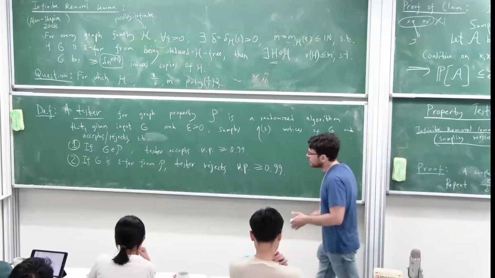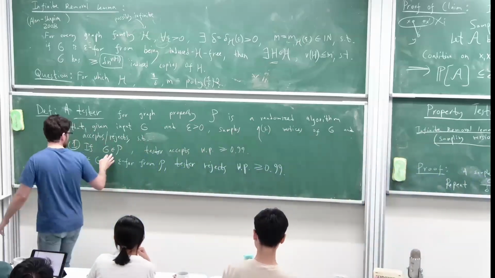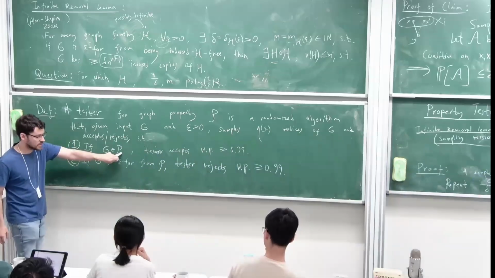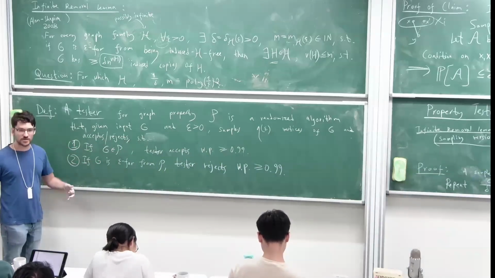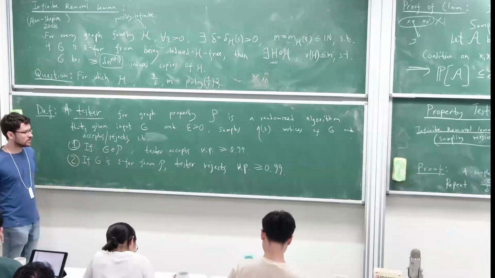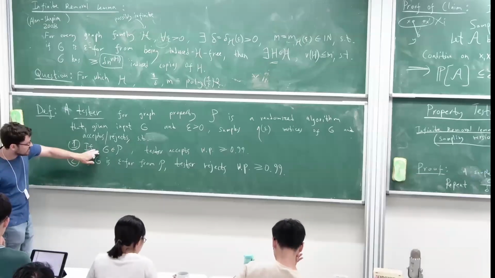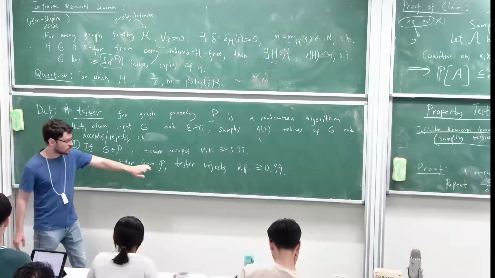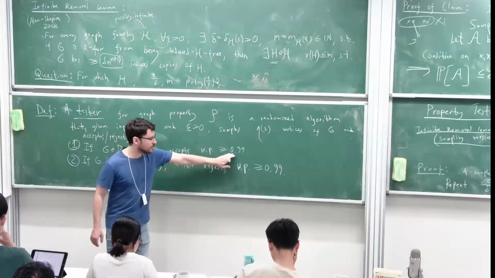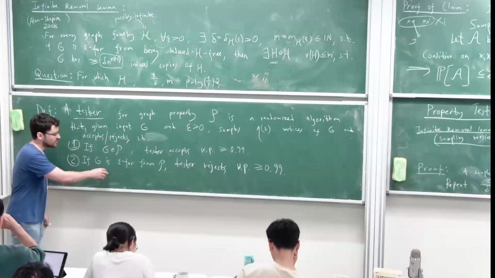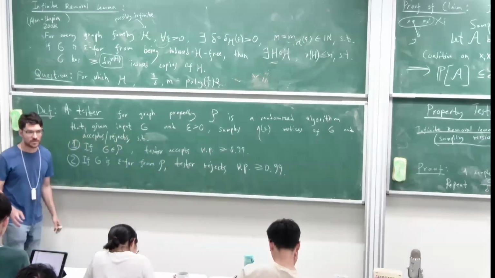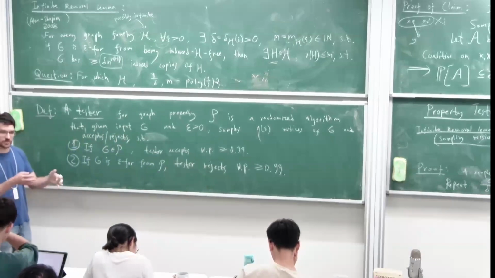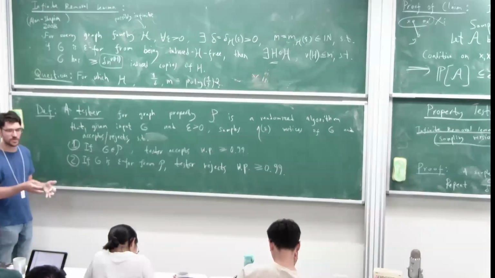But you have to allow yourself this kind of error gap, and this is exactly what we do here. We have some property and we want to know if the graph satisfies the property. Imagine the property is triangle freeness or being bipartite or anything you want to know about the graph. If the graph satisfies the property, you want to recognize this with high probability. And if the graph is far from the property, you also want to recognize this with high probability. But if it's in between, so it doesn't have the property but it's close to it, then you don't care about the outcome.